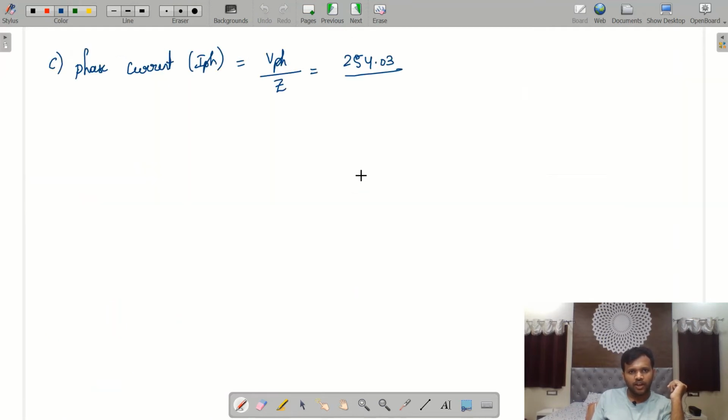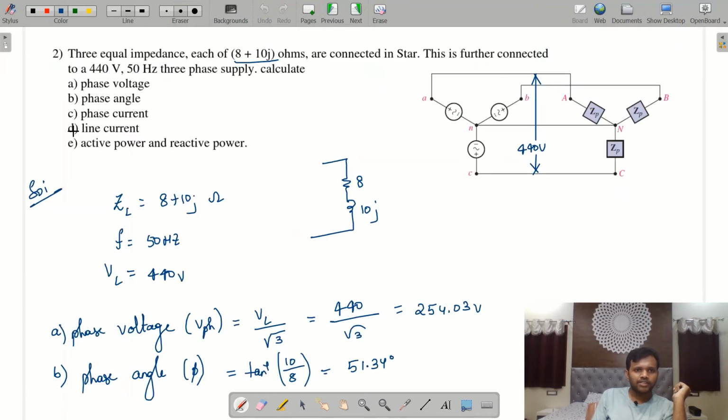How much it is, 8 plus 10j. So how much we'll get, solve it, you will get it as 19.83 at an angle of minus 51.34 degrees. Okay, right.